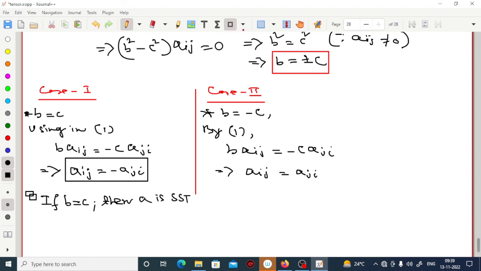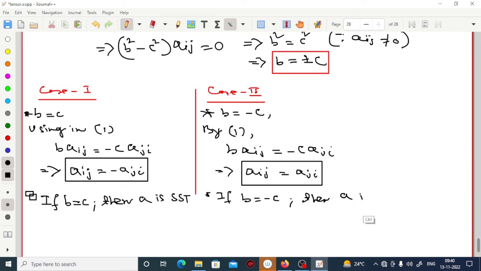If I just box this relation, you see that the conclusion is, if b equals to minus c, then a is symmetric. That is how I prove both of my statements.